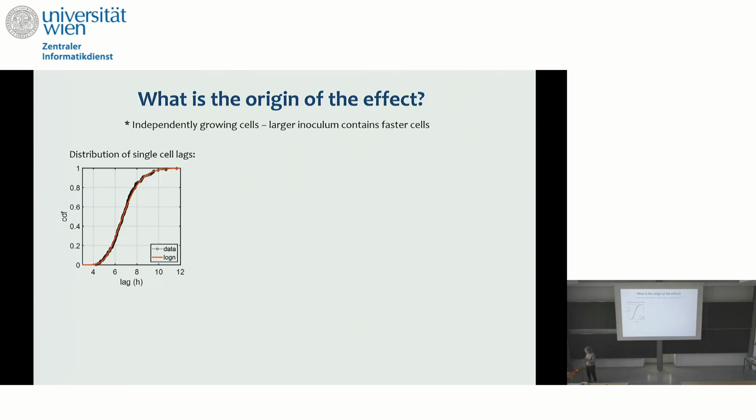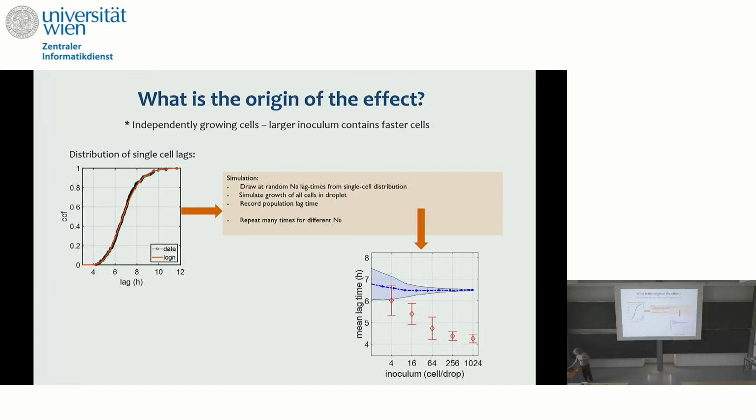A very simple-minded thing I can do is take this distribution, sample from the empirical distribution, and simulate the droplets on my computer. I take several hundred drops, draw initial lags from here, and then see when I will reach the threshold, which I set like I have in the experiment.